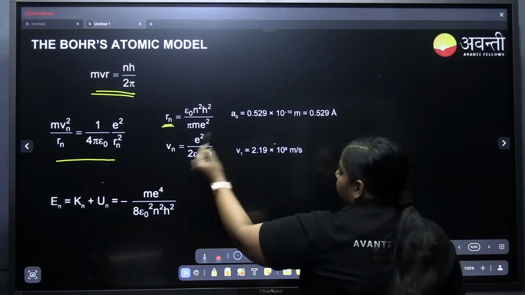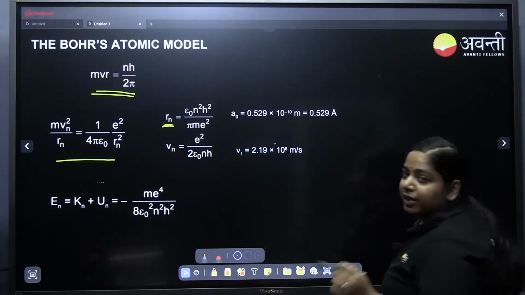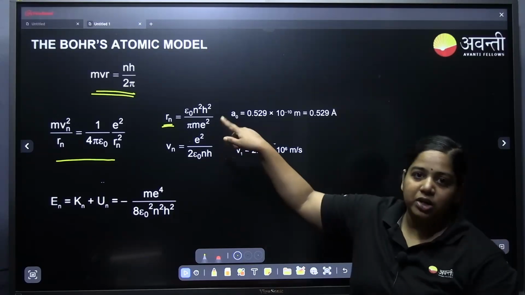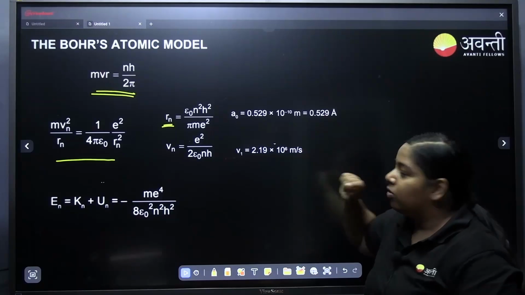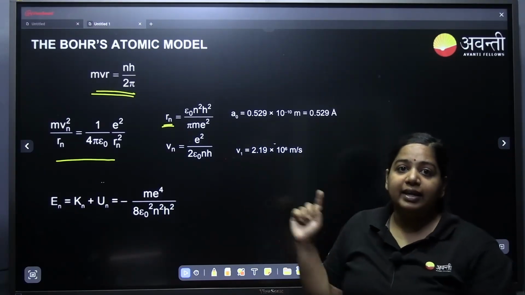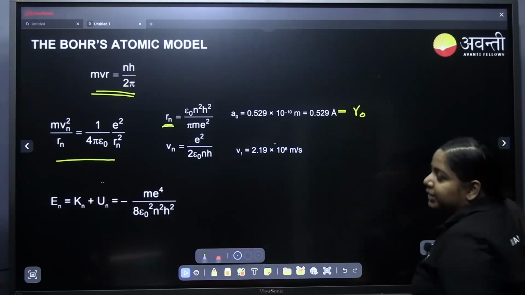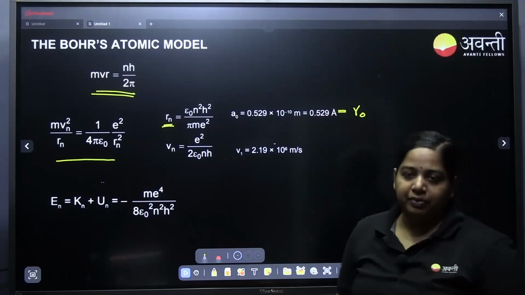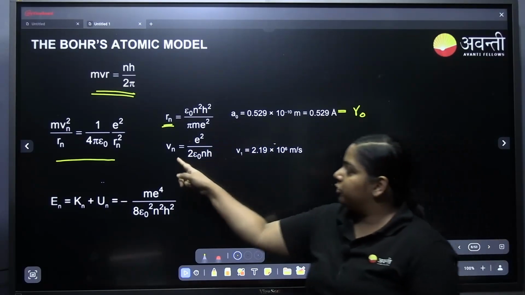So it is this formula, and only n square is the variable here. All other values are constants. Being constant, we will get this value. That is the smallest orbit of the electron when n equal to 1, a naught, or sometimes you can see it as r naught also. Both are the same. Okay, smallest orbit of electron.